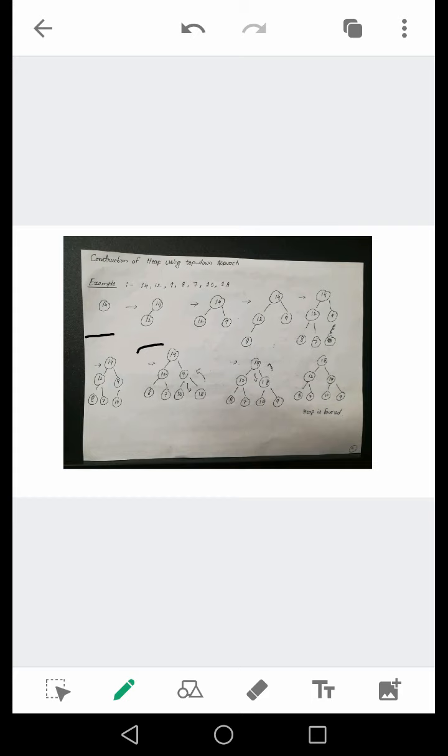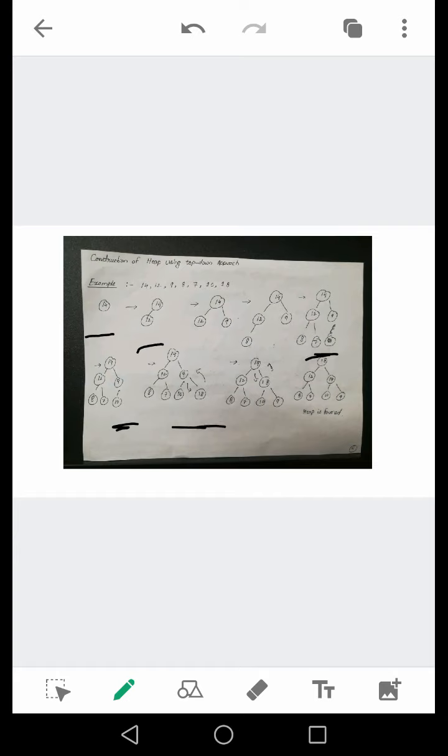Next we insert the node 8, which is the left child of node 12. After that we insert the node 7, which is the right child of node 12. Next we insert the node 10, which is the left child of node 9. Next we insert 18, which is the right child of node 9.